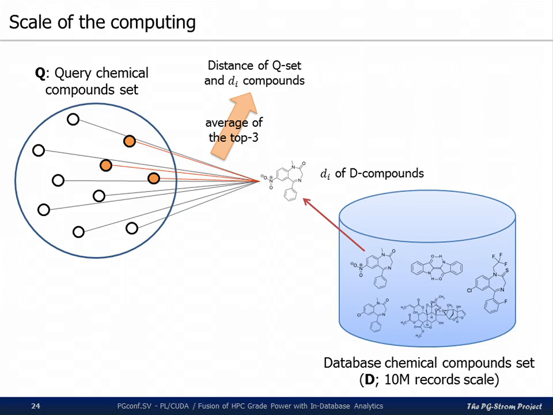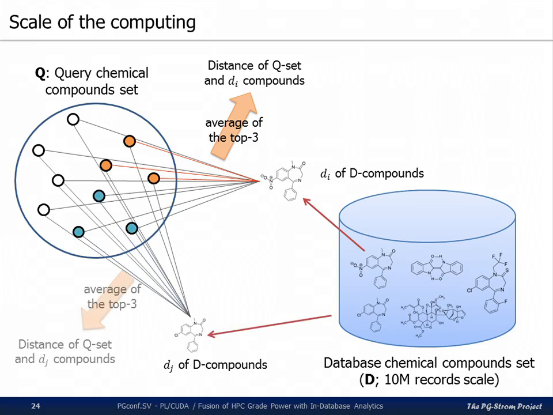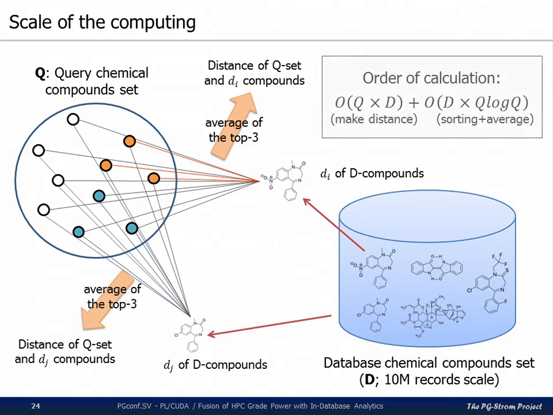The database set contains 10 million records, so we have to iterate 10 million patterns for each. So the entire calculation order is like a cross join, of entire Q items and entire D items.